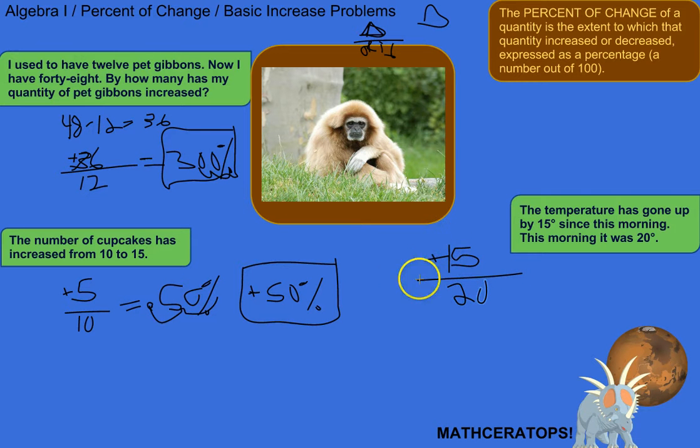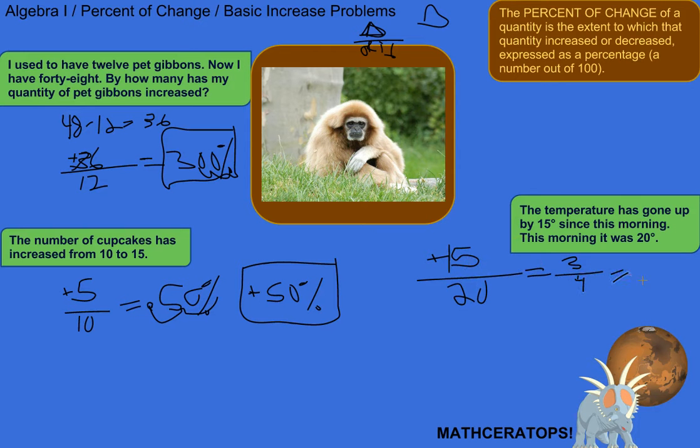Now I can divide these. I could reduce this fraction first to make it easier. I could take a 5 out of both. So 15 out of 20 would be equivalent to 3 out of 4. 20 divided by 5 is 4, 15 divided by 5 is 3.